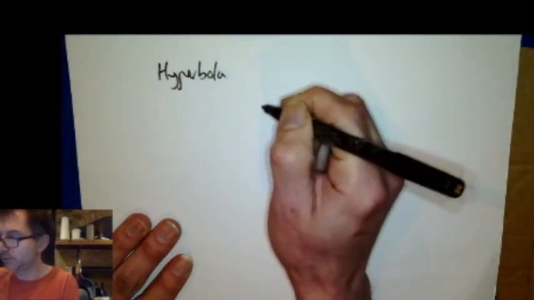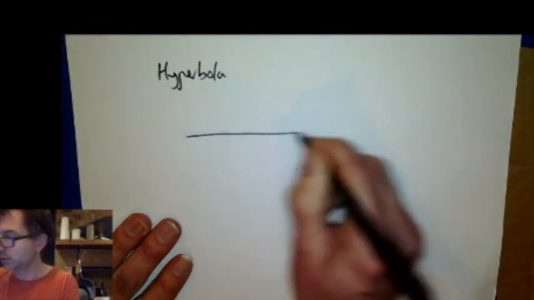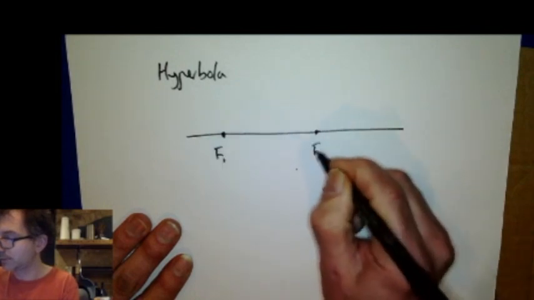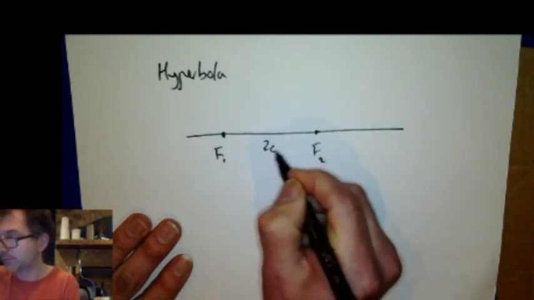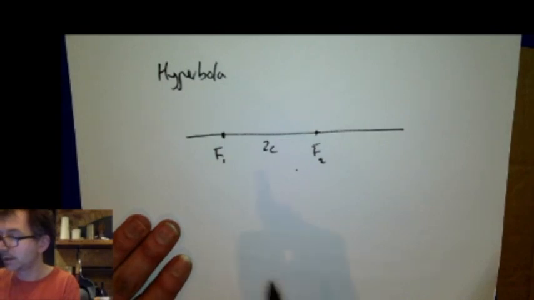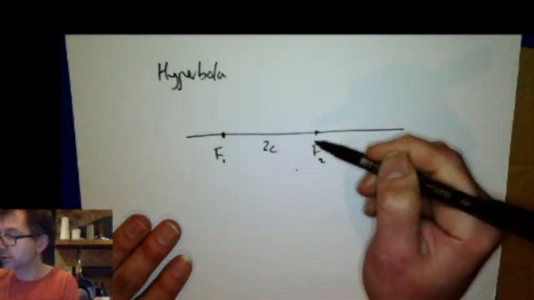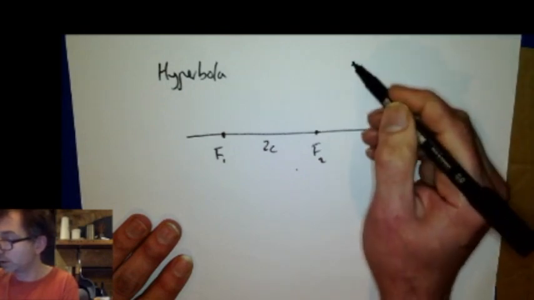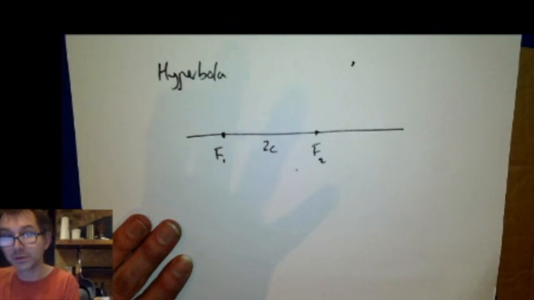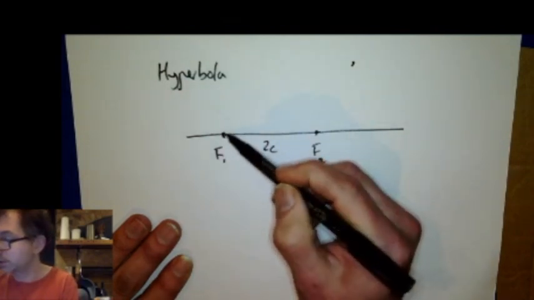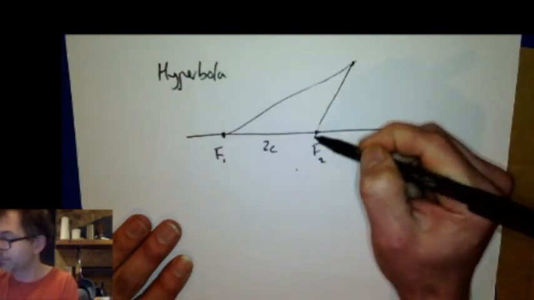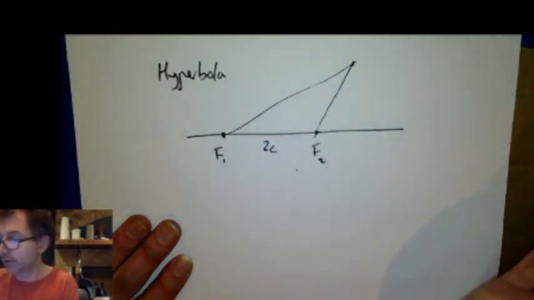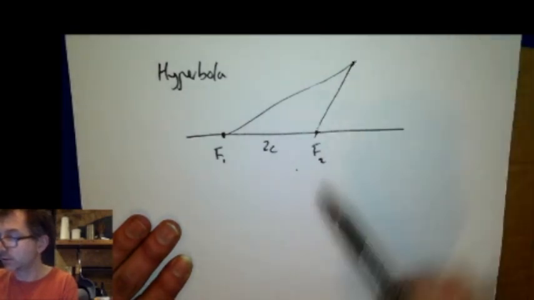So for a hyperbola, you take two focal points, f1 and f2, put them a distance 2c apart, and then you just say that the distance from a point to these two, so the difference between those distances should be the same. So if that minus this is some number 2a, then that has to stay constant.